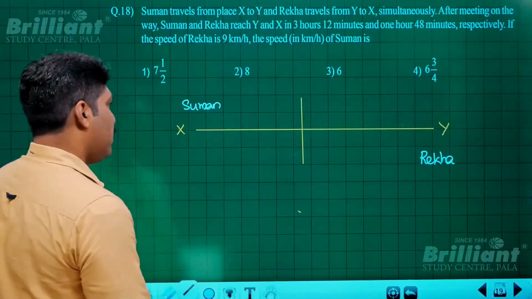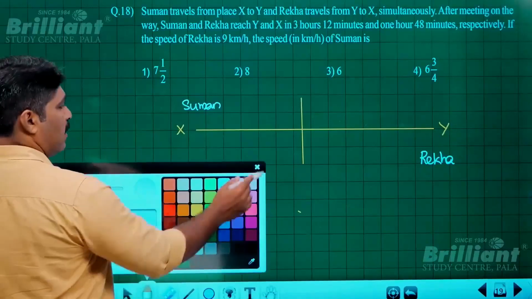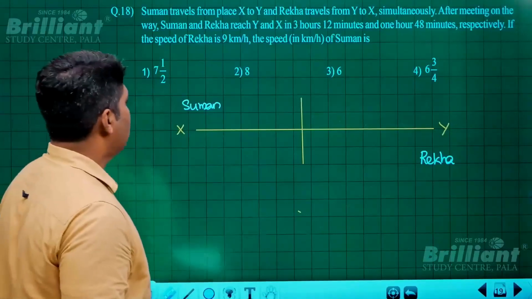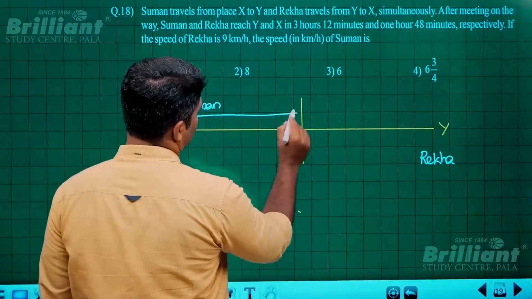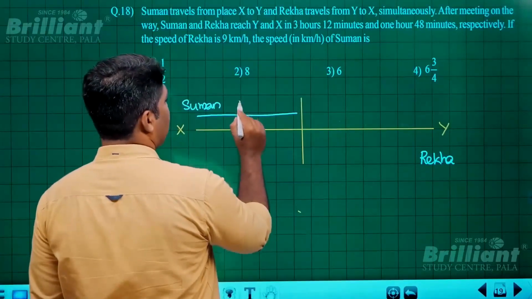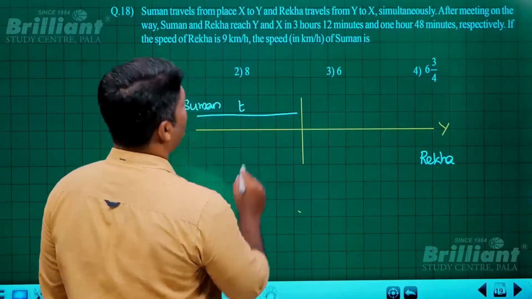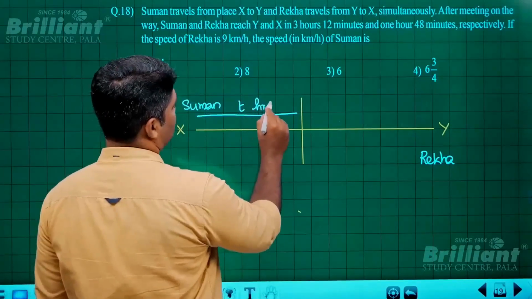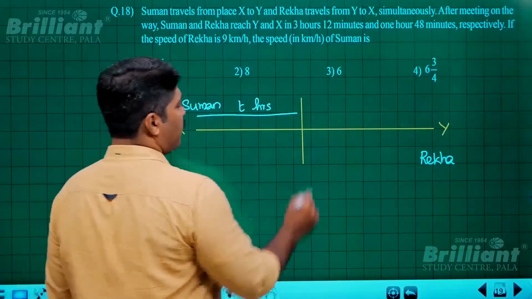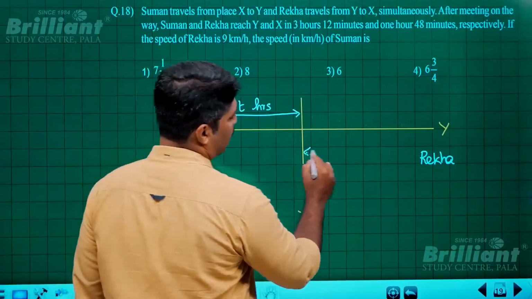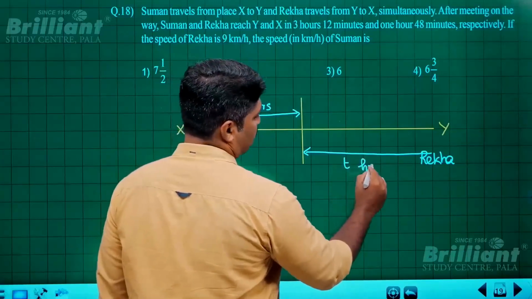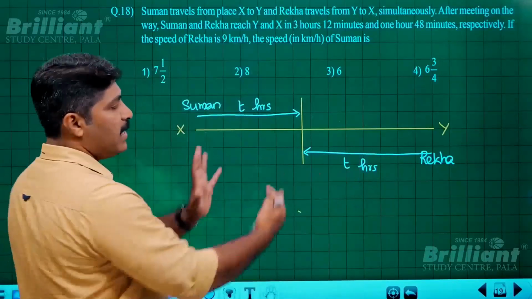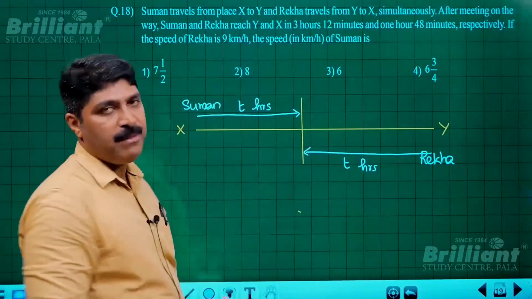So during this period, we just separate their trip. Suman traveled this distance in T hours, we just consider T hours. And Rekha also covered this distance during that same T hours, because they started simultaneously and met at a point in between.